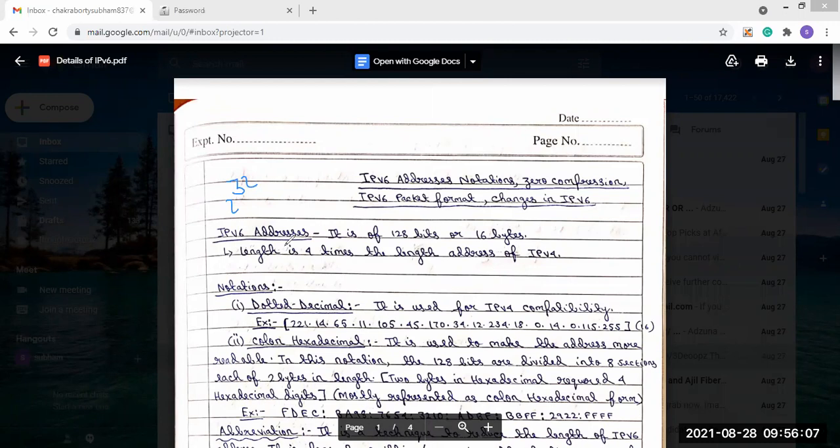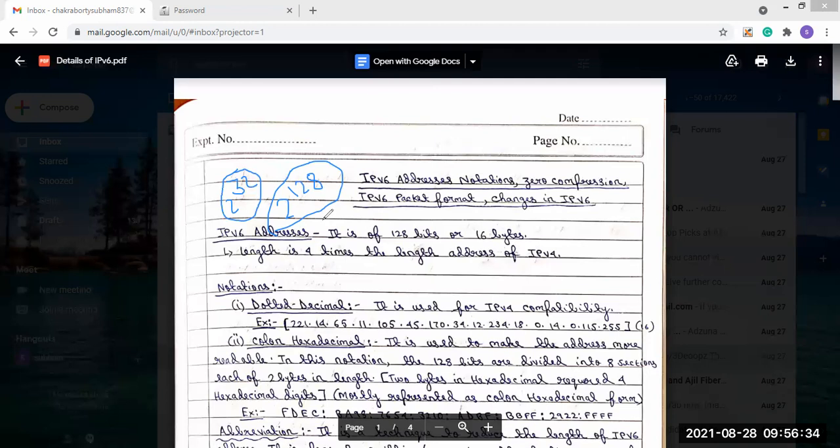Then what will we do? For that reason, IPv6 addresses came. Through IPv6 we use 2 to the power 128 address space, which is much larger than the IPv4 address space. That's why we use IPv6 addresses now.